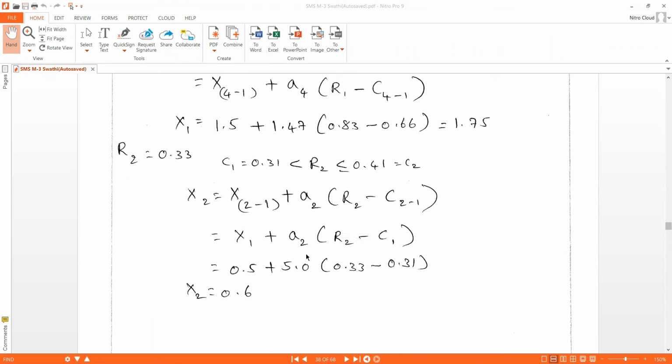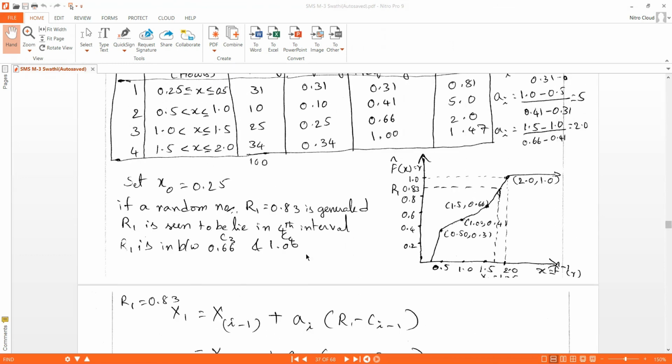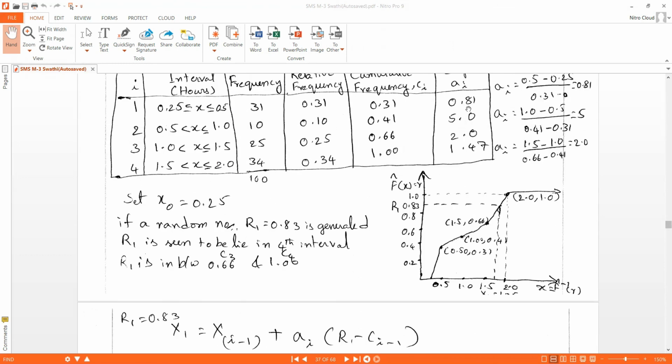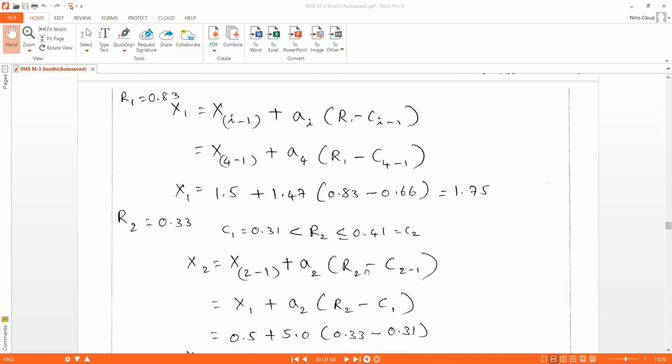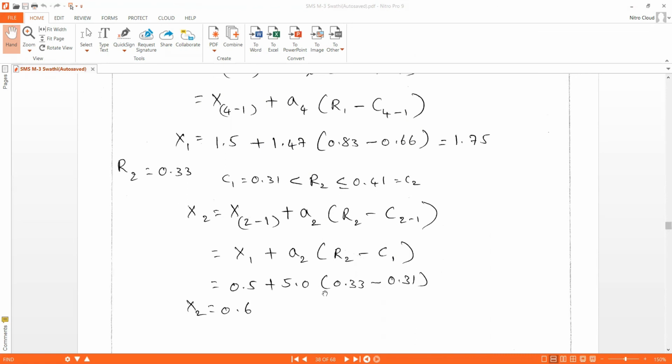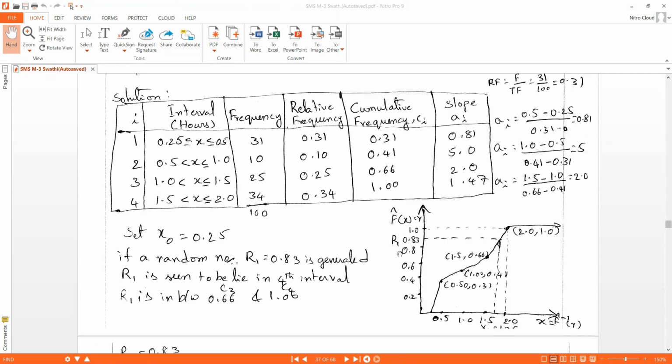What is the a2 value we have computed? A2 value we have computed is 5.0. We will substitute 5.0 here, into R2. R2 value given in the problem is 0.3. We will substitute R2 value 0.3 minus the C1 value. The C1 value we computed is 0.31.